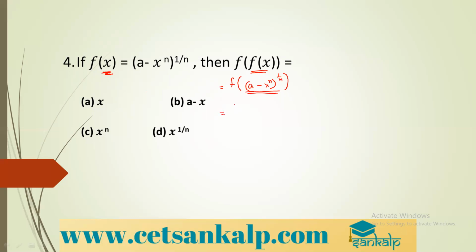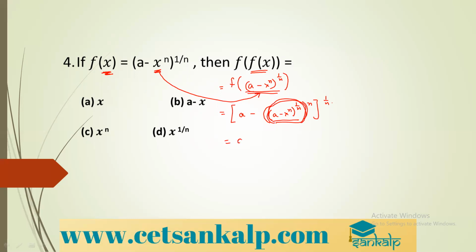So, when you write, first you write a minus, in place of x, you will be writing ((a minus x power n) whole power 1 by n) whole power n. This is x, and then this x will have power n. And then whole power 1 by n. Just in place of x, I have substituted this. That's the only thing I did.